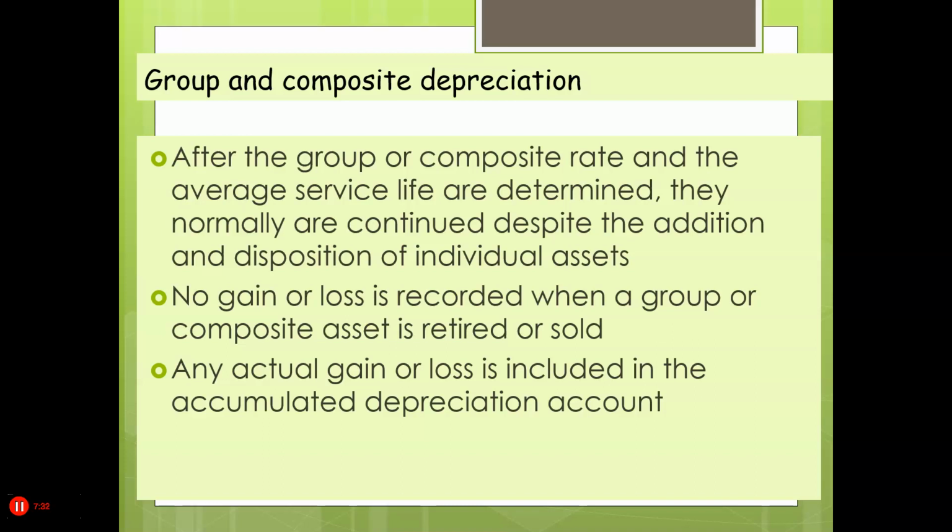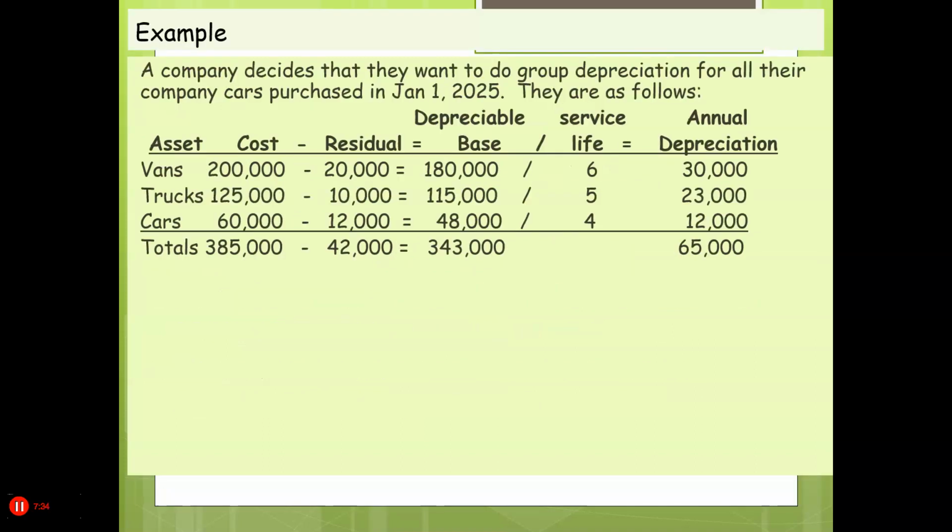So let's take a look at an example. We have a bunch of vehicles. We know that we spent $385,000 in total. We have a depreciable base of 343,000. They all have different service lives, but we have an annual depreciation based on their service lives of 65,000. What is the group rate?